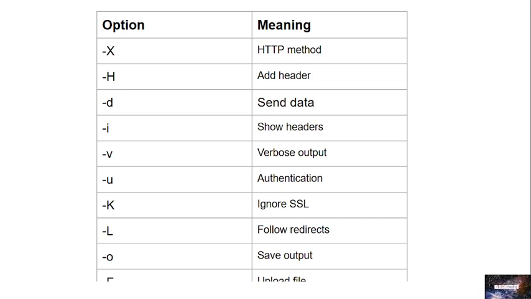L, follow redirect. If the site or the URL you send to is redirected to another domain, follow that redirect. That's what it means. Then O is save the output. You want the output to be saved into a specific file, use flag O, then you specify the name of the file. Then F, we just used that. That's flag F, which is upload file.